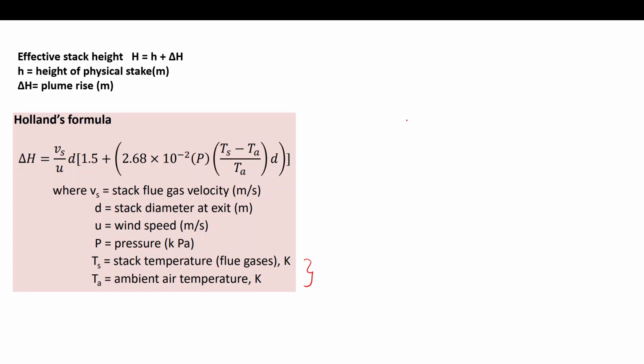Okay, so let's say this is the emission point, and after a certain distance here we are standing. So at some height and at some distance, if the concentration which we are coming into contact with, we are able to calculate, if that is lesser than the permissible limit, then the chances of getting affected or getting adverse impact will be much lower.